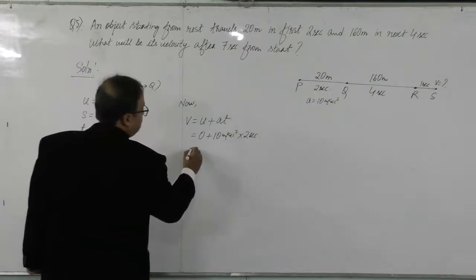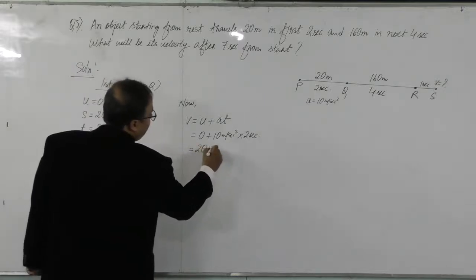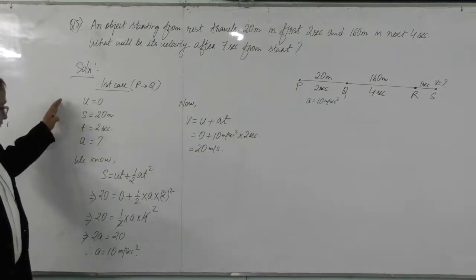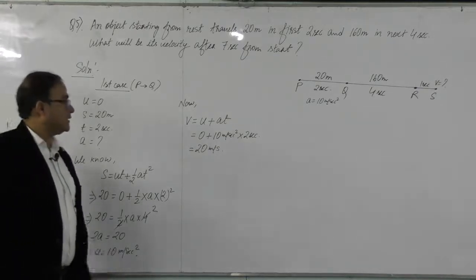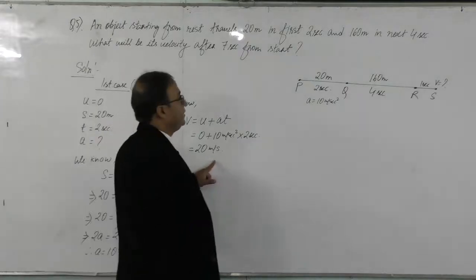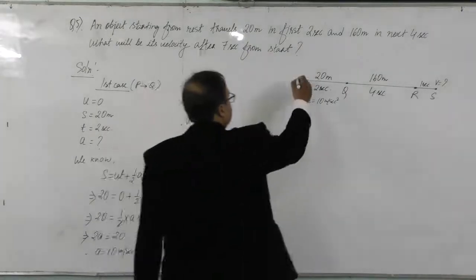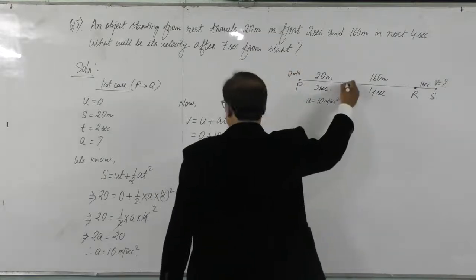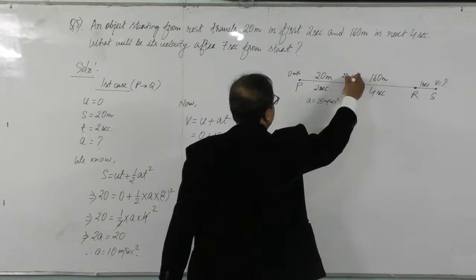So final velocity will be 20 meter per second. This is the first part. So velocity here is 0 meter per second, and velocity here will be 20 meter per second.